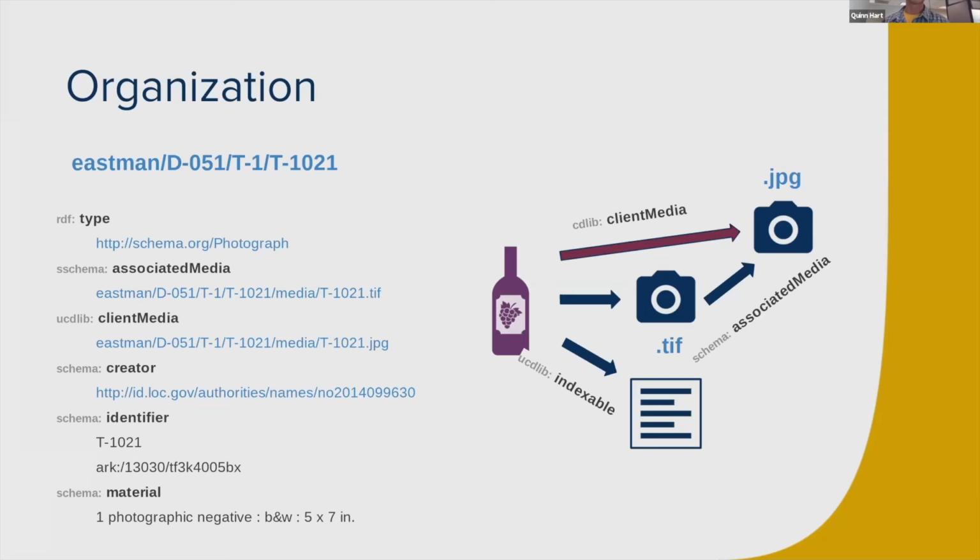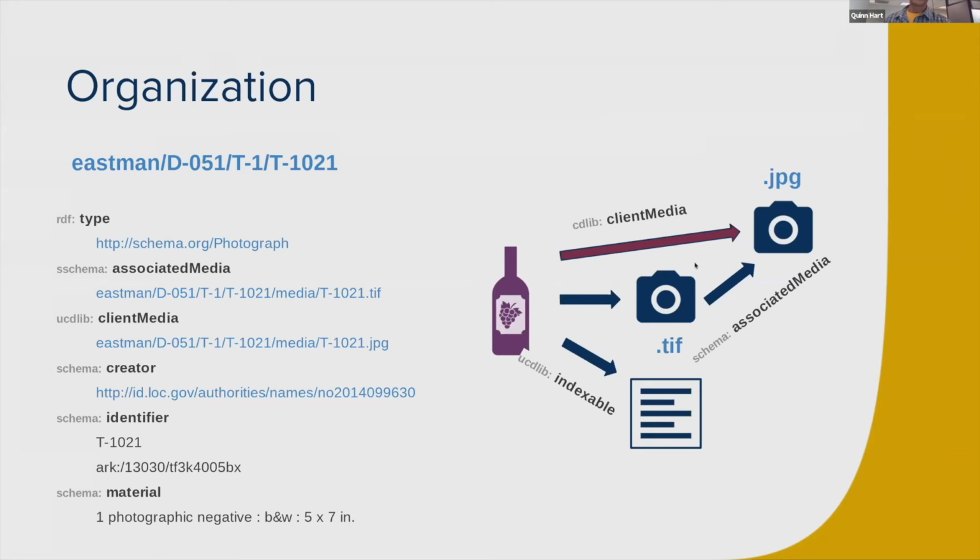This is just another quick summary of the organization of the artifacts within our system. Some important things here is that right now we don't really have standards in where we locate them. So under this collection, for example, Eastman here, the artifacts are organized by some library codes, and we don't necessarily have a specification for that.